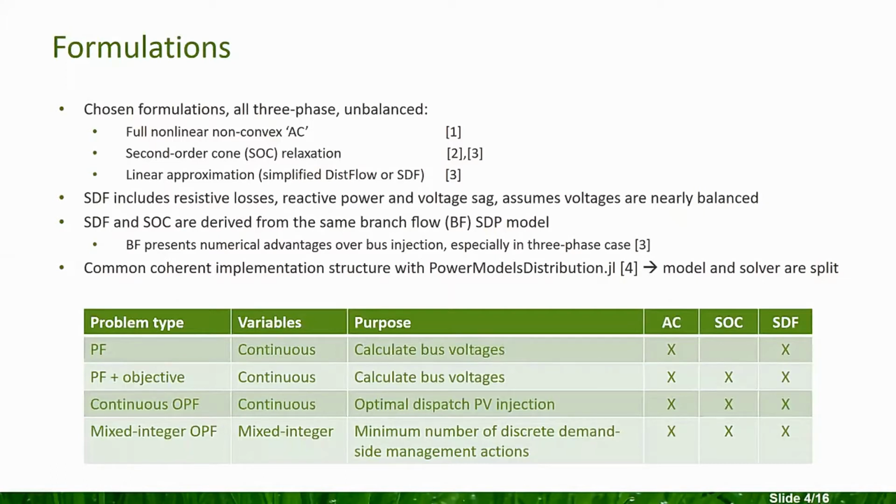Both the SDF and SOC are derived from the same branch flow semi-definite positive model, and they're chosen because branch flow presents numerical advantages over bus injection models, especially in the radial three-phase case, and of the various linearizations available in the literature, the SDF still includes resistive losses, reactive power, and voltage sags. So the number of approximation assumptions is limited.